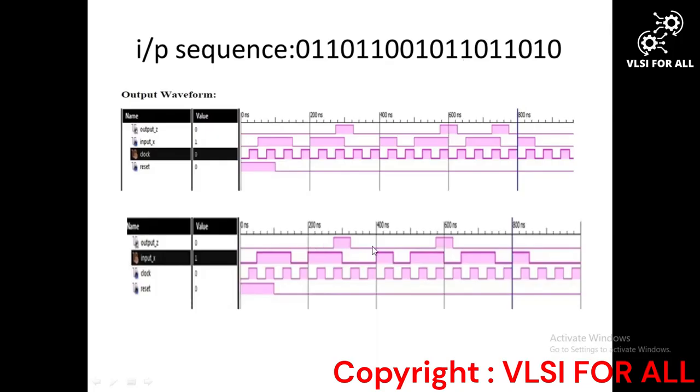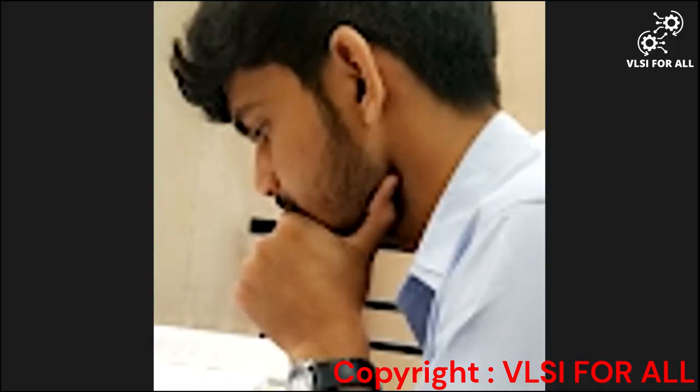So our output is high 2 times here, as you can see. But for the overlapping case, it will detect 1011 one time here, one time here, and one time considering this one. So our output is high 3 times for the overlapping case. So like this, you can do any type of sequence detection. Thank you.